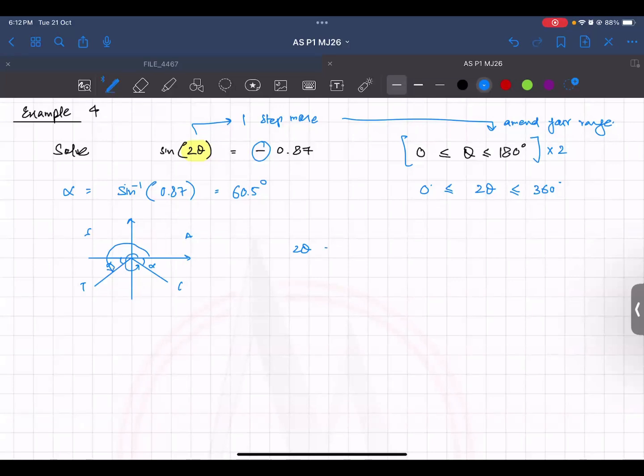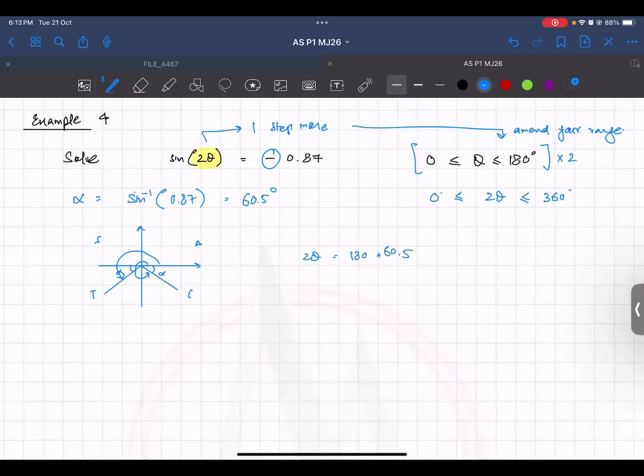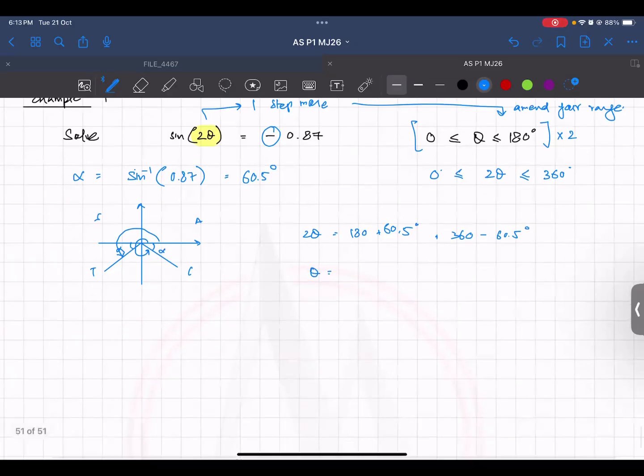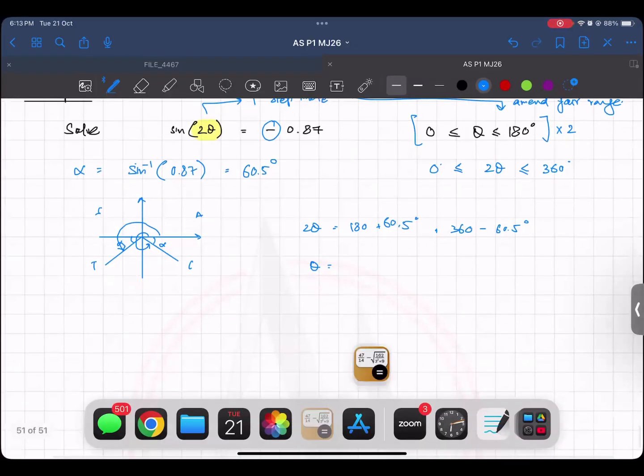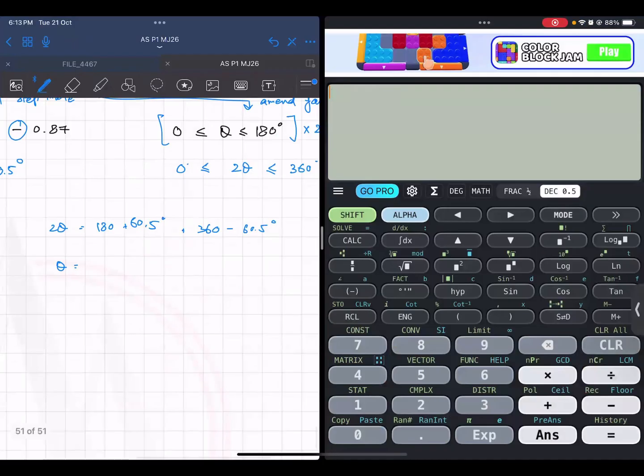So 2 theta is equal to 180 plus 60.5, and the other one is 360 minus 60.5. So if you want to find the value of theta, you would divide it by 2 as well. The actual variable is theta. You want to find theta, not 2 theta. So 180 plus 60.5, and then this divided by 2. So the first answer is 120.25.